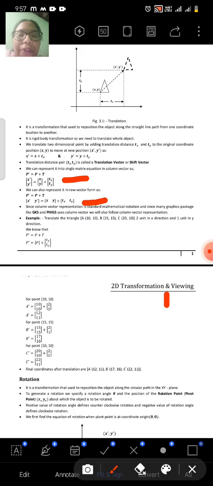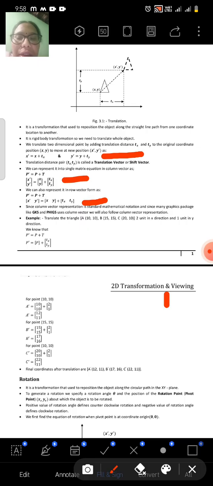Since the column vector is standard mathematical notation, and many graphics packages like GKS and PHIGS use the column vector, we will also follow the column vector representation for the matrix equation. Otherwise, we can follow the above coordinate positions for our problems.